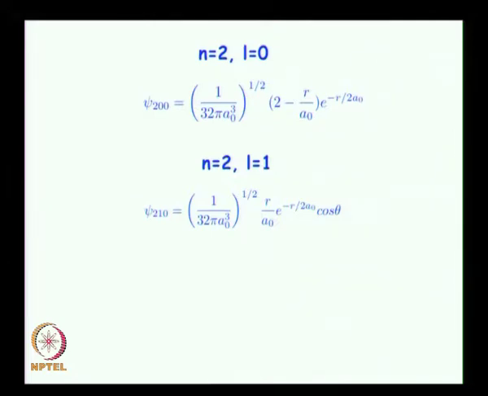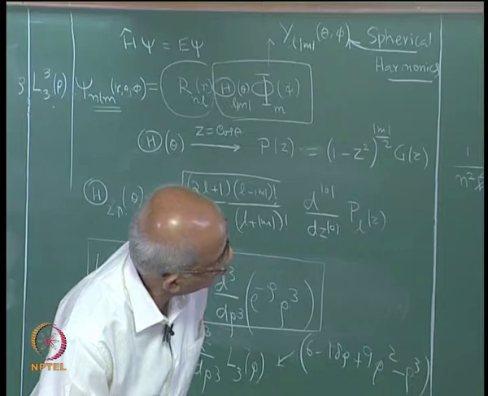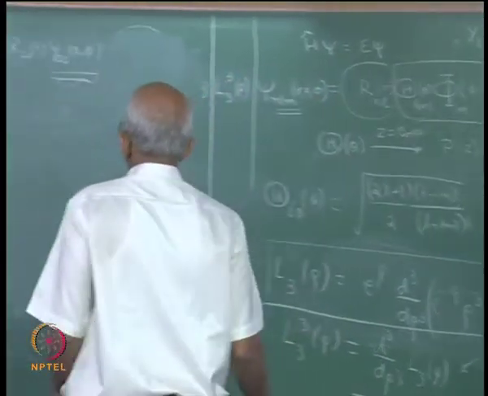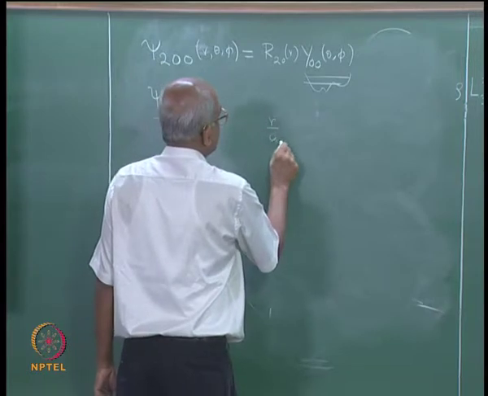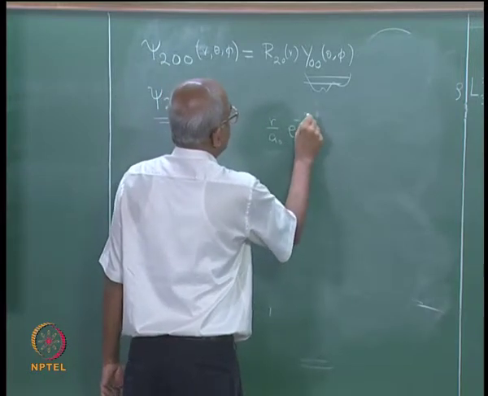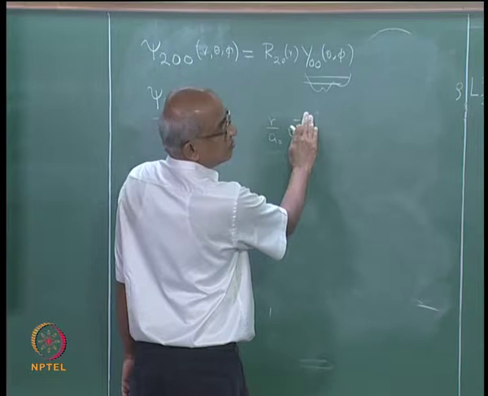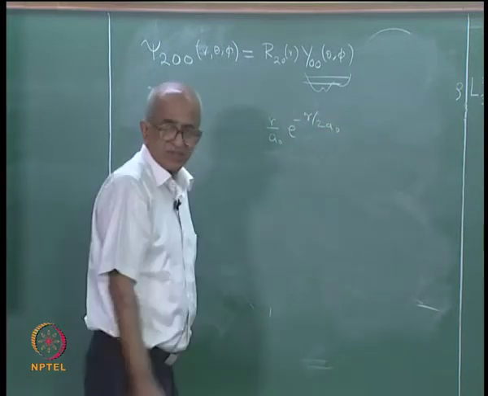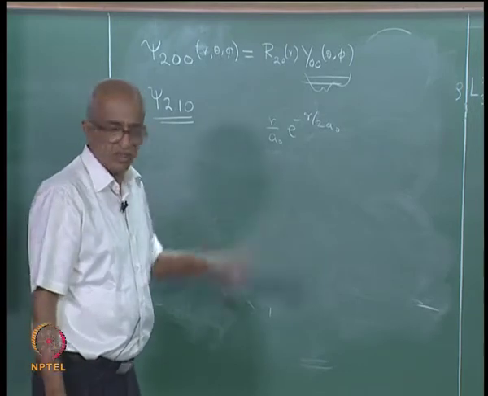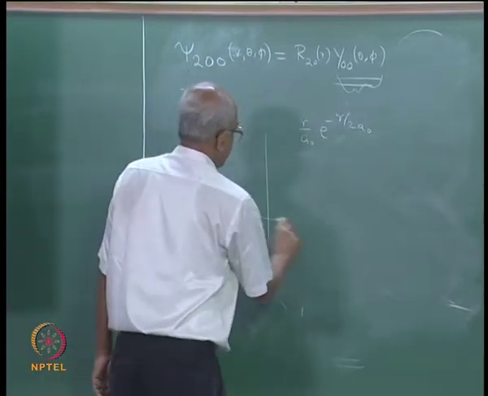There is this r and e to the power of minus r by 2 a0. So, therefore, the function, except for a constant, has the form r by a0 e to the power of minus r by 2 a0. That is how the function is. This is the radial part of the function.